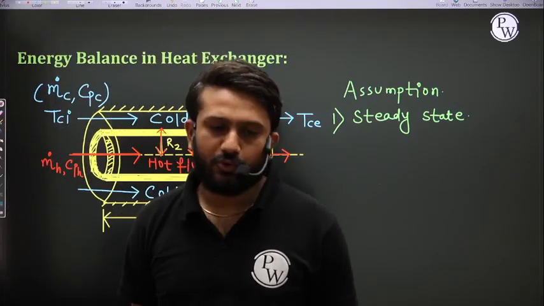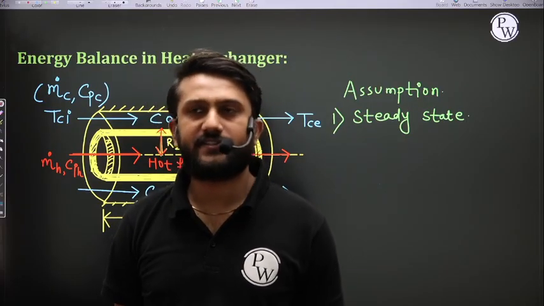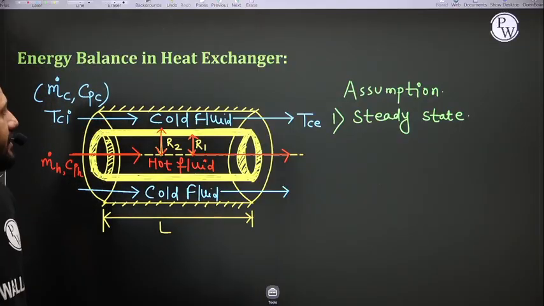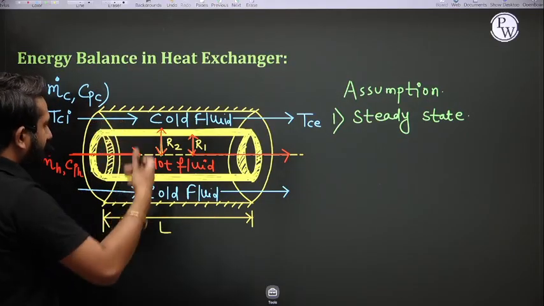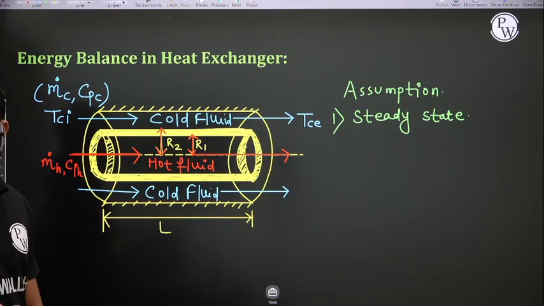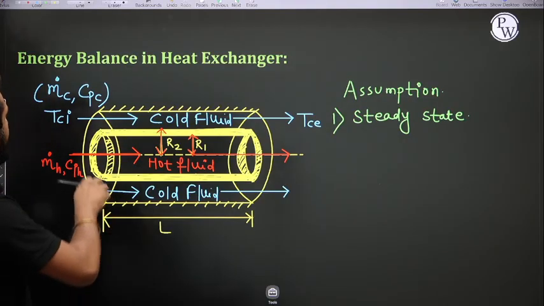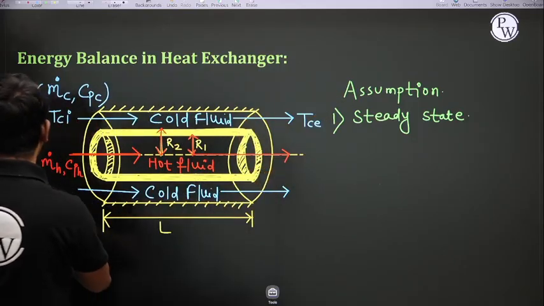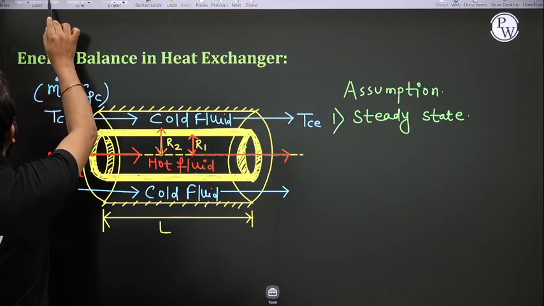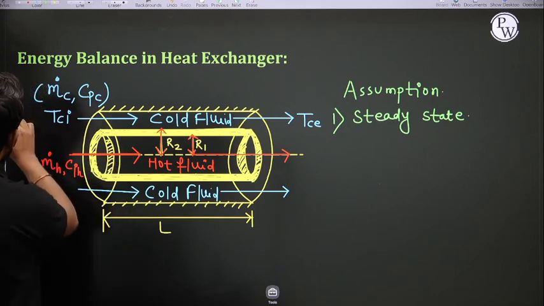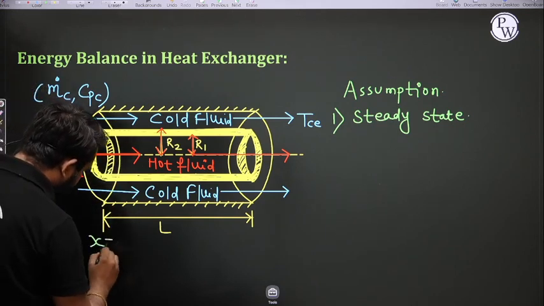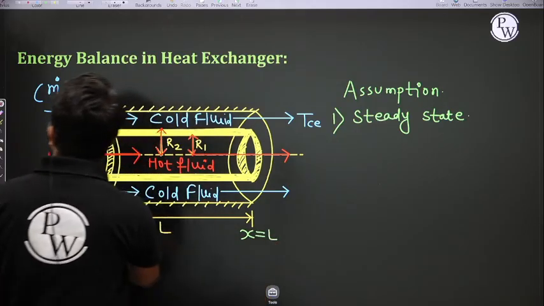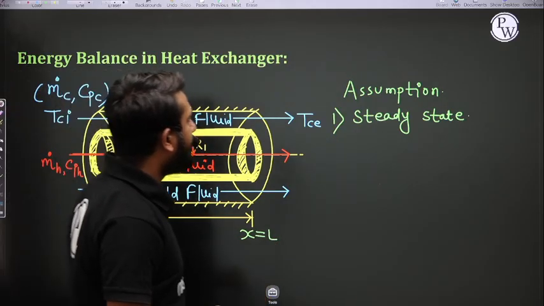That means there is no rate of change of mass and no rate of change of energy. Whatever mass is entering, the same mass is leaving. Considering the cold fluid, whatever mass is entering, the same mass is leaving. The same thing is applicable for the hot fluid also. And this is x equal to 0. So the first assumption is that steady state condition is there.